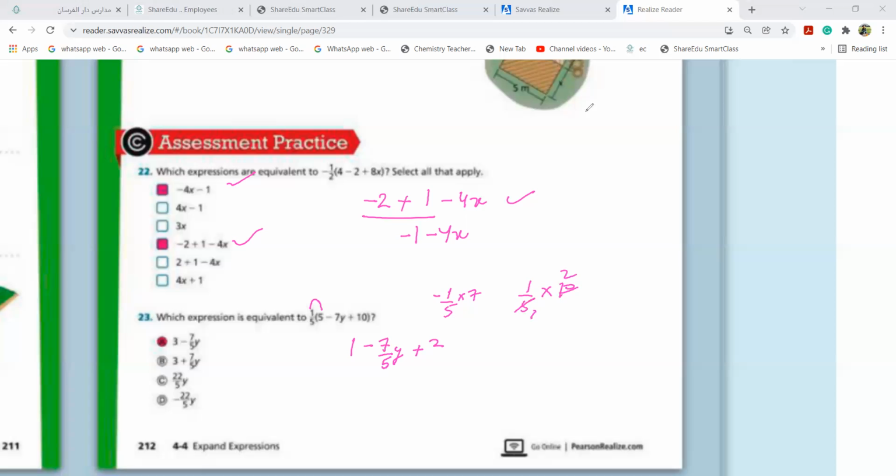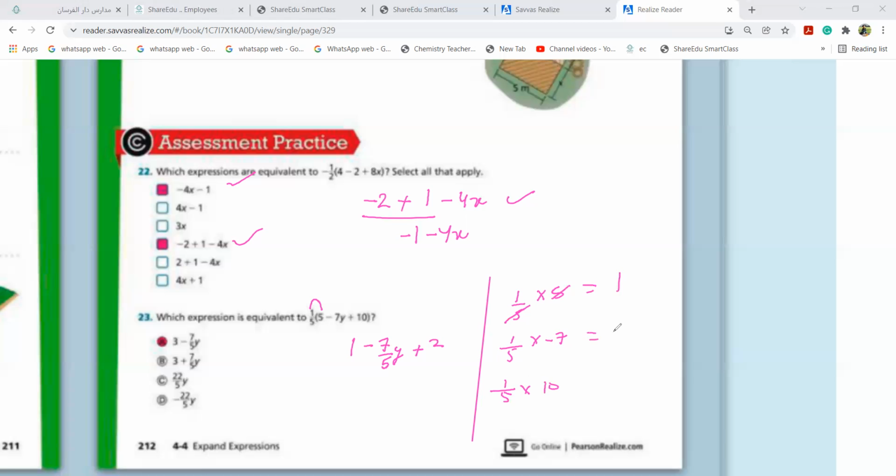Girls, you must know both the simplification with calculator and without calculator. If I make a rough column here and explain: first, there were 3 things, 1/5, 1/5, 1/5. First, I multiply with 5. Second, I multiply with minus 7. Third, I multiply with plus 10. When I multiply 5 and 5, you get only 1.